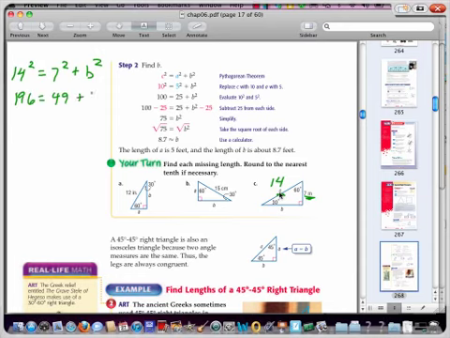That equals 49 plus B squared. So 147, if I subtract 49 from both sides, take the square root of 147, and I get 12.1. So 12.1 is what B is on that one. All right, so those are those three.